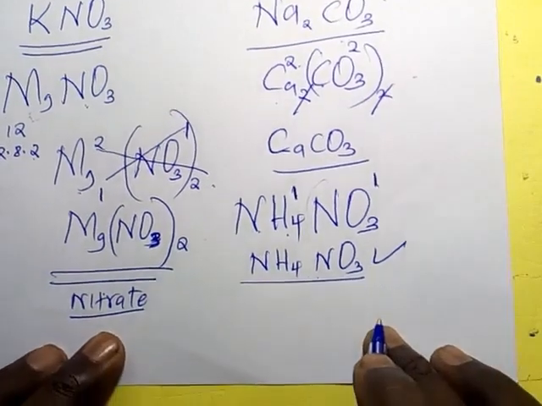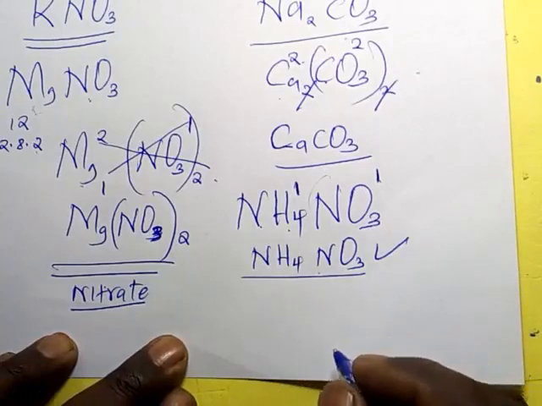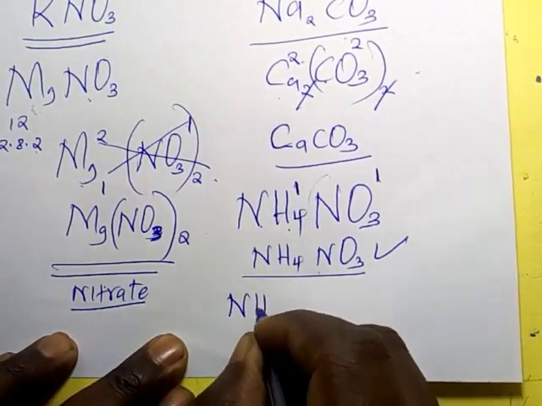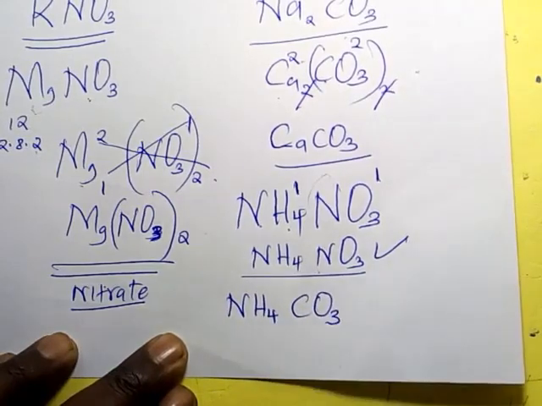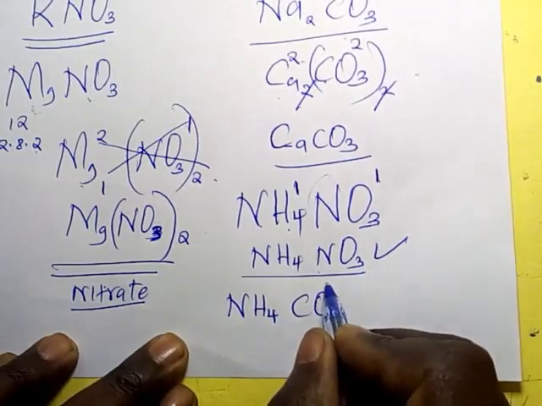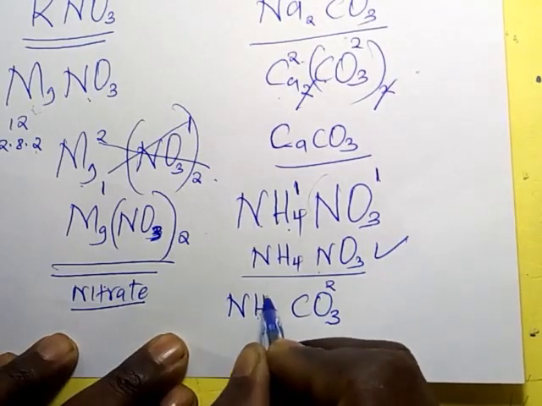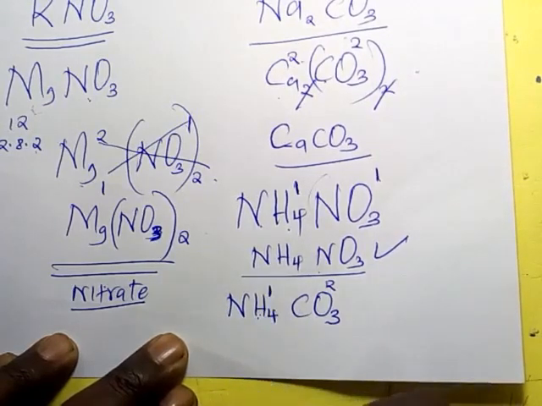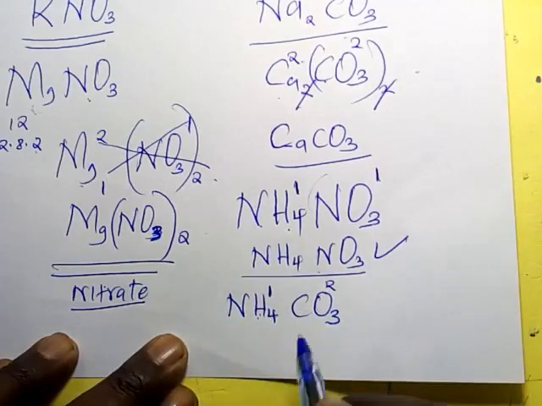It is fine. But what if I wanted to write ammonium sulfate or ammonium carbonate? So ammonium carbonate: I know the carbonate has a valence of 2, and the ammonium has a valence of 1. Whether it is positive or negative doesn't matter. The thing is whether it is 1 or 2 or 3, the valences.